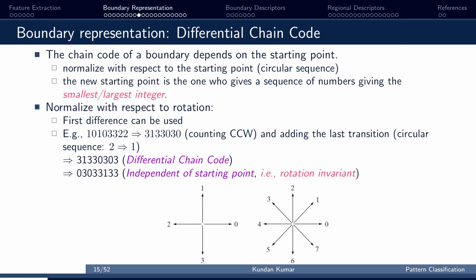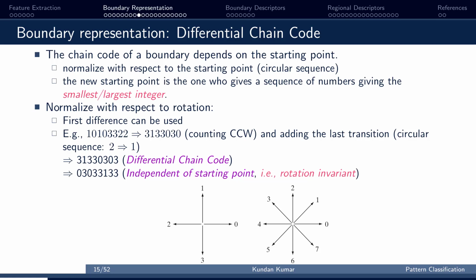So the chain code of a boundary depends on the starting point, as we have chosen the starting point as the left top corner of an object. So it depends on the starting point, so it will be rotation variant. That means once the object is rotated, the chain code will vary.